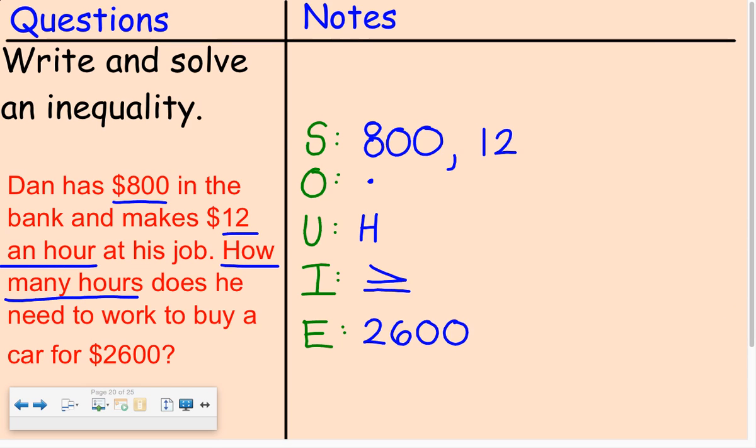So then if I write my inequality, he already has $800, and add that on to the $12 per hour he's making at his job, and then that has to total more than or equal to 2,600. So let me move this over here a little bit, and I'm going to grab a calculator here.